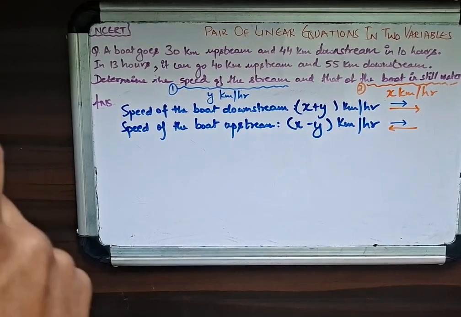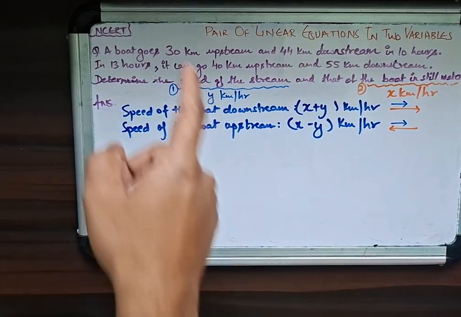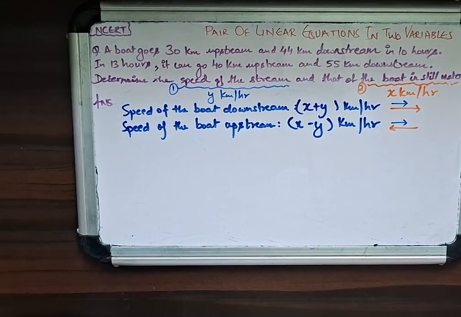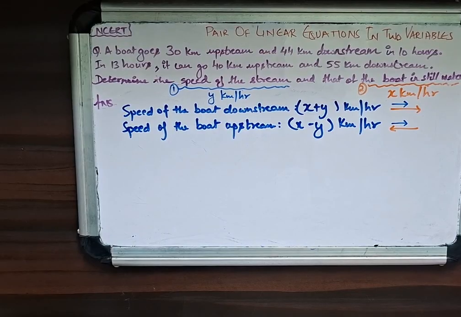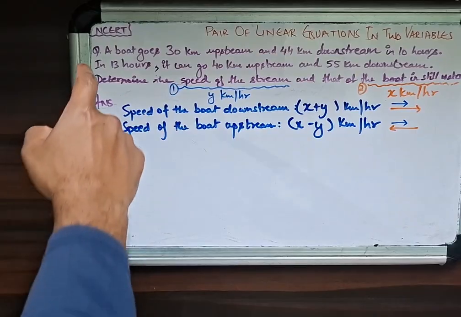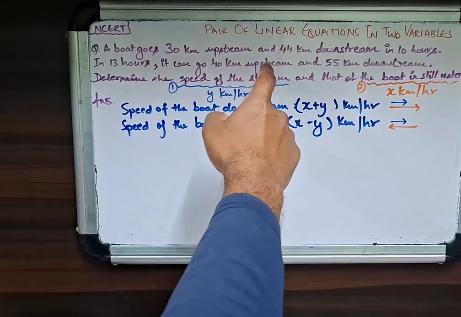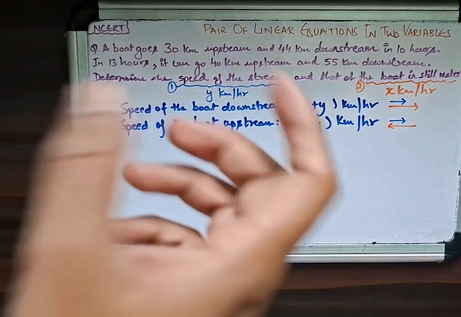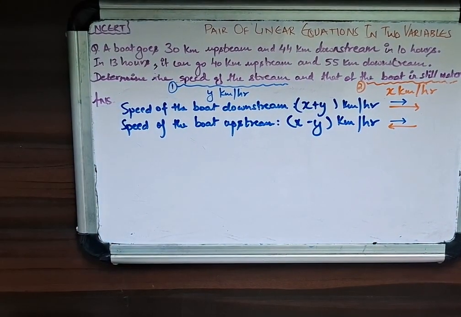The first statement, a boat goes 30 kilometers upstream and 44 kilometers downstream in 10 hours, can be represented in the form of a linear equation. Similarly, the second statement, in 13 hours it can go 40 kilometers upstream and 55 kilometers downstream, can also be represented in the form of a linear equation.